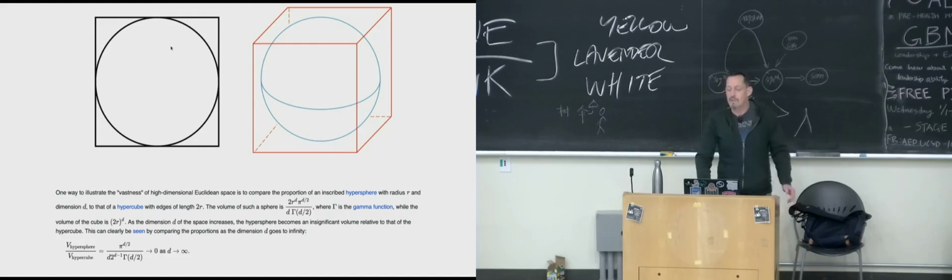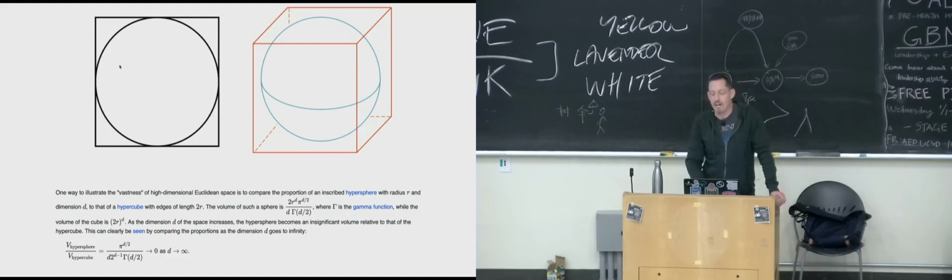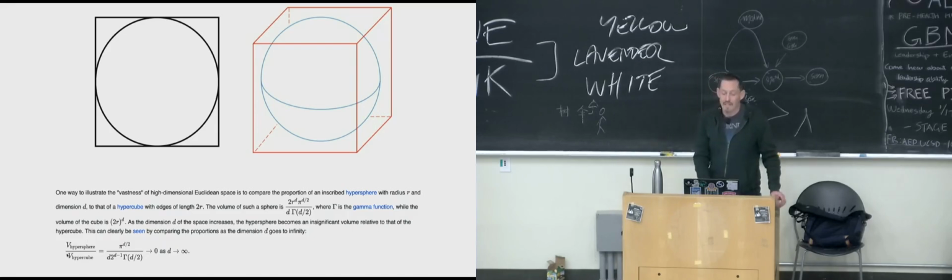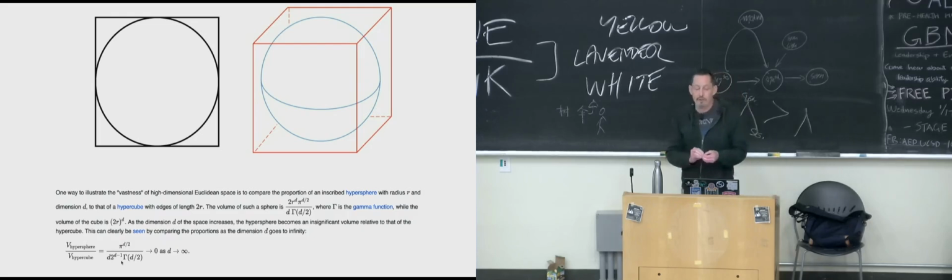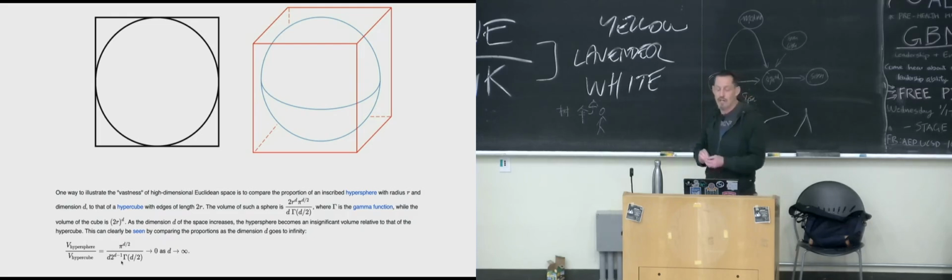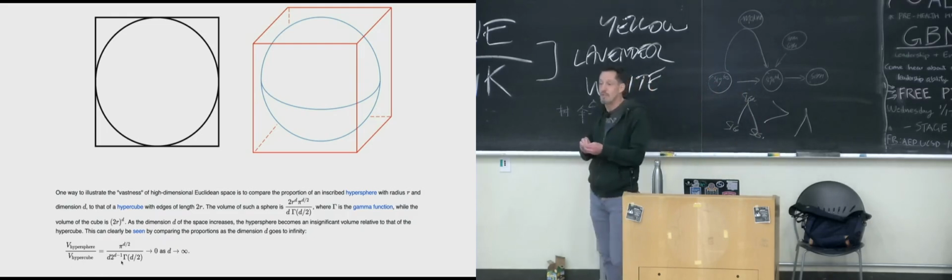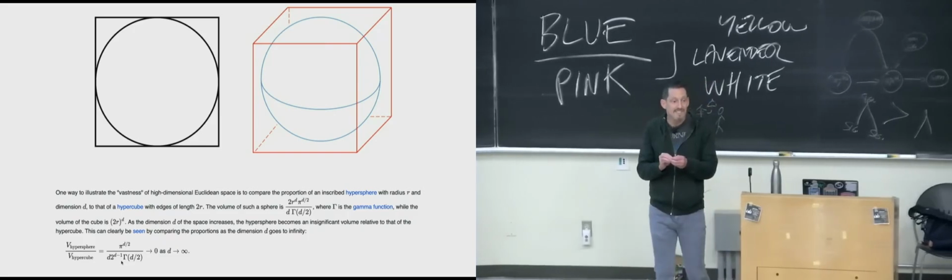So the volume, or the area, of the circle inside the square is most of the area of the thing, but not all of it. And inside a cube, well, now you've not got 4 corners, you've got 8 corners that are missing, right? In the limit as d goes to infinity, the ratio of volume of sphere to the cube goes to 0.